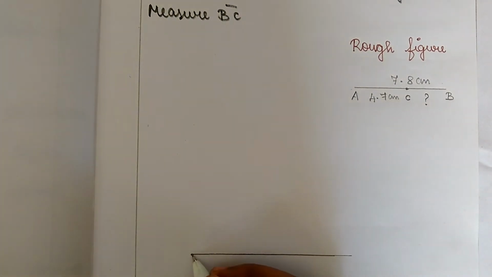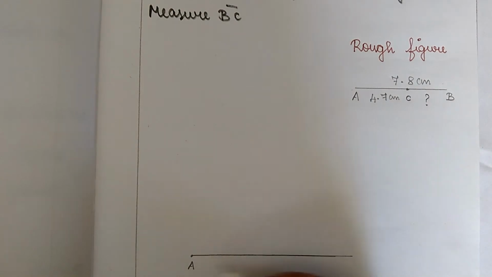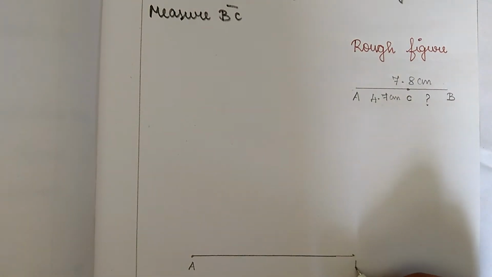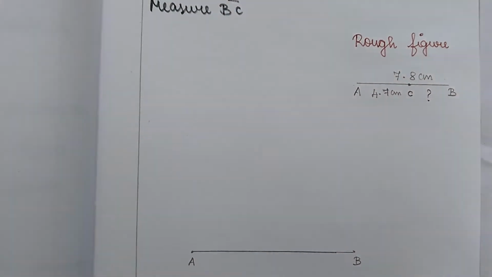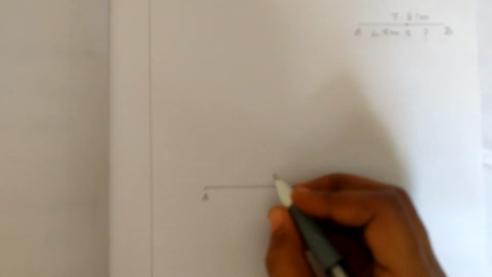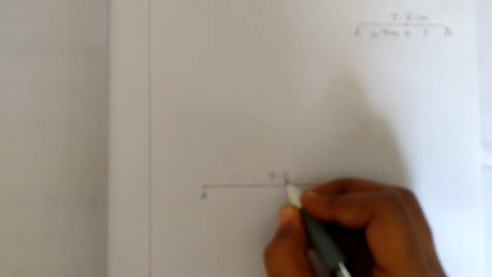Mark the point. This one is A, this is B. The measurement of AB is 7.8 centimeter.